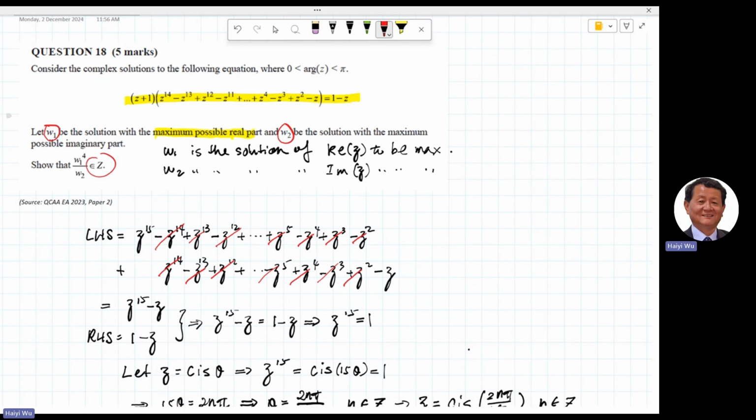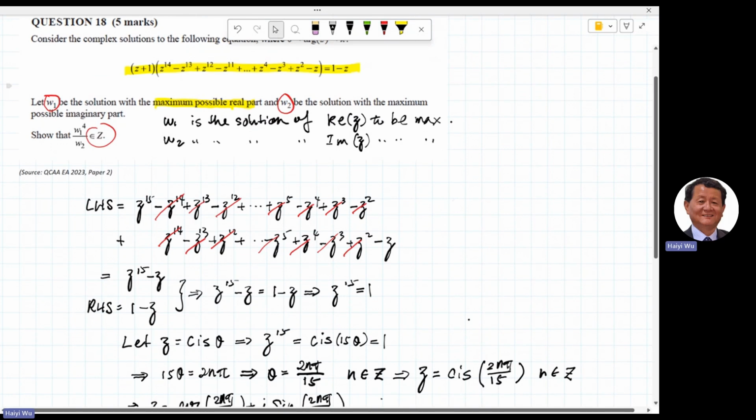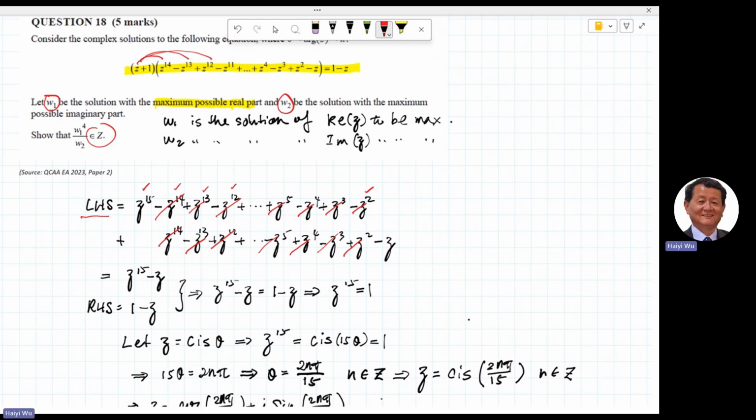So, okay, let's do that. Let's simplify this equation on the left-hand side. When I expand in the brackets, you'll see the order: the top will become Z to the 15, 14, 13, 12, and the last one becomes Z to the power 2.